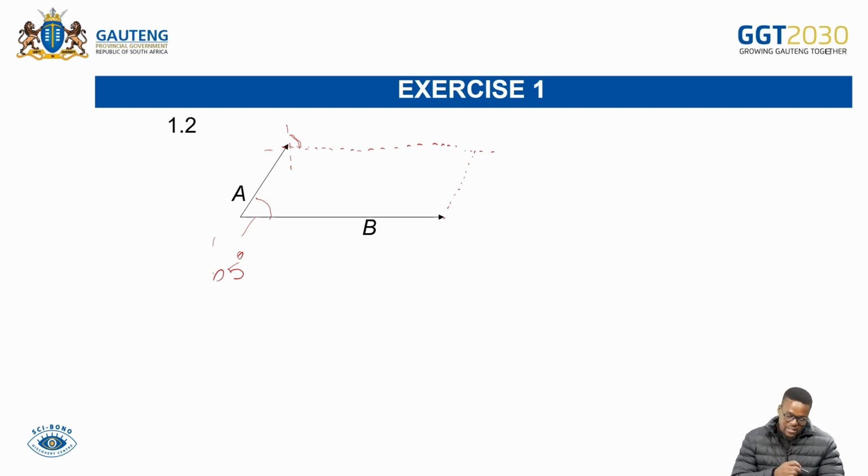What do we do then after? You have to connect these vertices from here straight up to where you were drawing your parallelogram. So this will give you the resultant force, which is Fr, right?